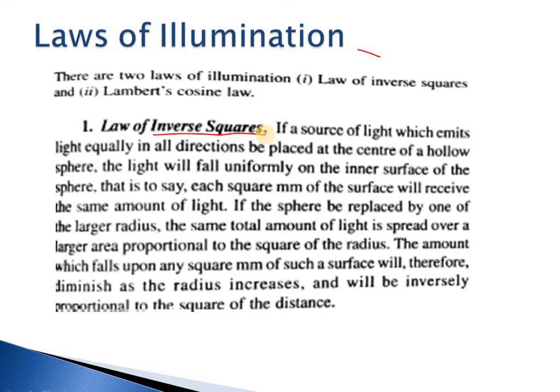If the sphere is replaced by one of larger radius, the same total amount of light is spread over a larger area proportional to the square of the radius. The amount which falls upon any square millimeter of such a surface therefore diminishes as the radius increases and is inversely proportional to the square of the distance.